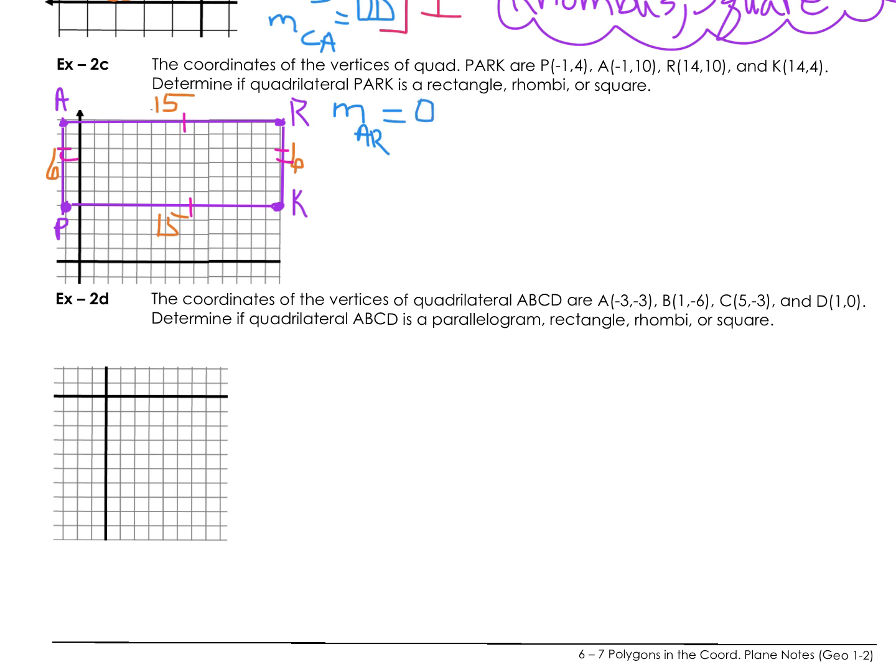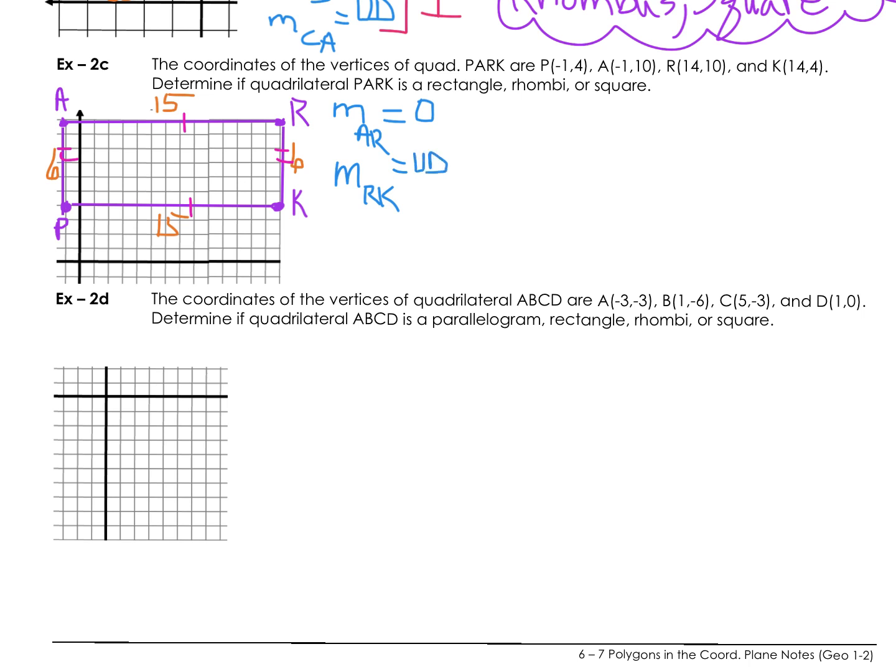It has a slope of 0. Then from R to K, the slope, because it's vertical and I cannot walk on it, is undefined. And right there, those 2 slopes are perpendicular.